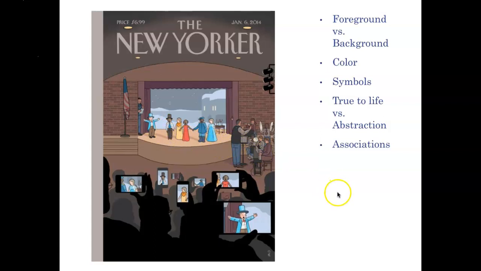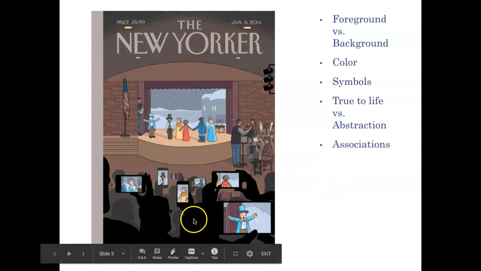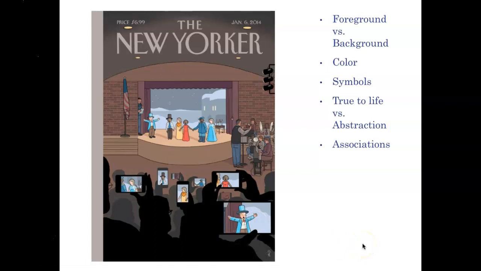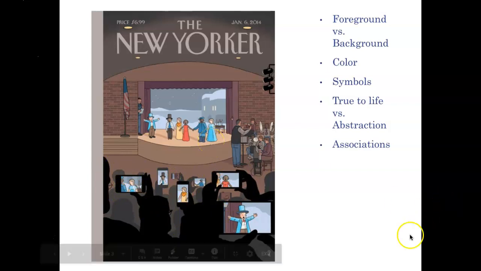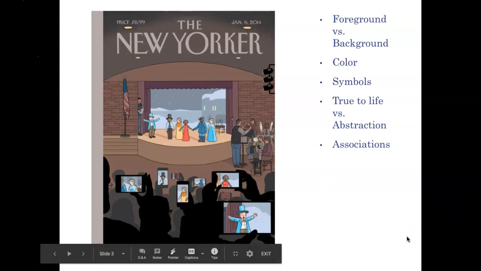And that could signal that the screens are the more important part of the image, right? And this may be the point, is the idea that the people viewing are so caught up in capturing it that they're actually missing the actual play, right?